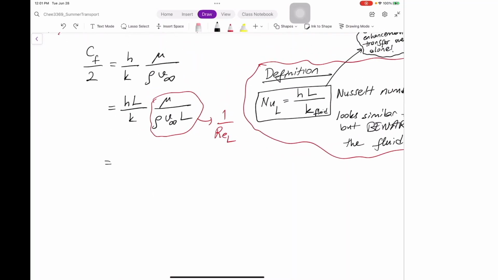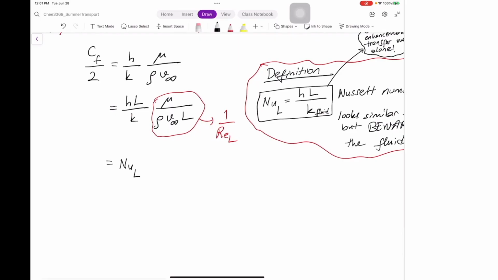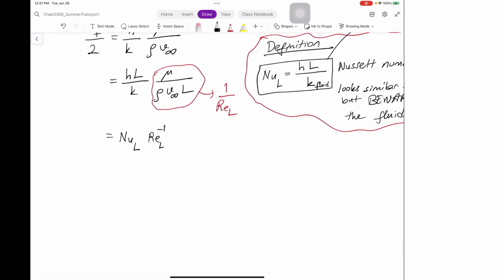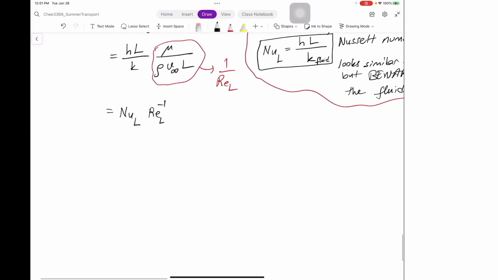Long story short, this part you can write down: Nusselt number L and Reynolds number L to the power -1. Okay. So we have found that Cf over 2 is equal to Nusselt number L over Reynolds number L.